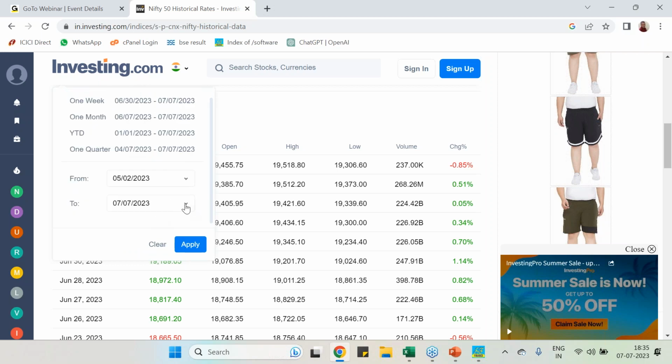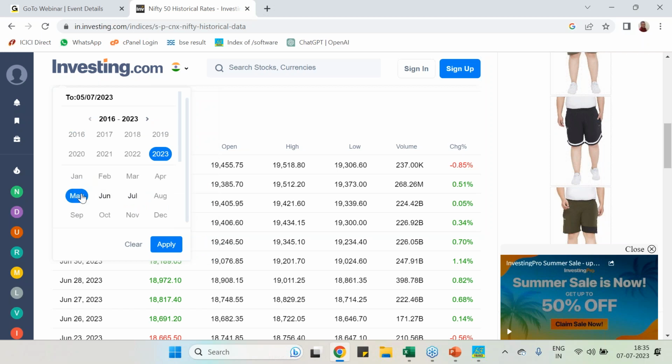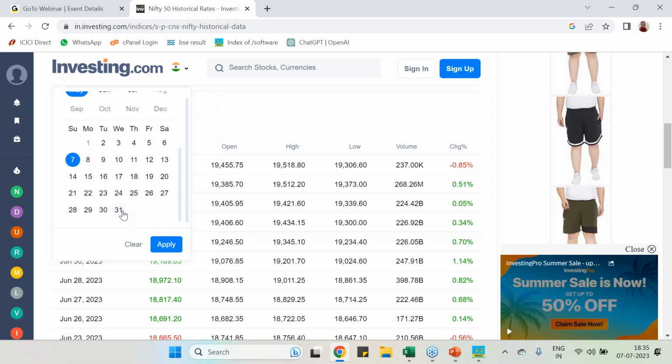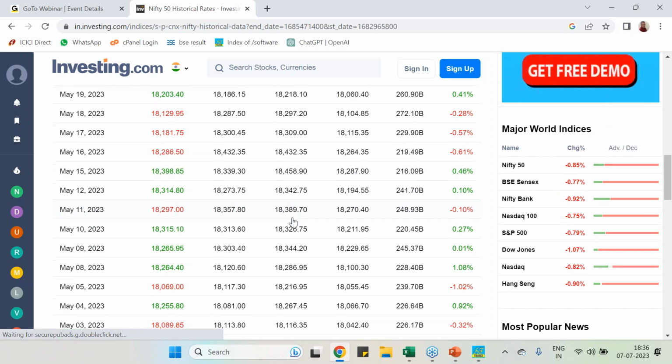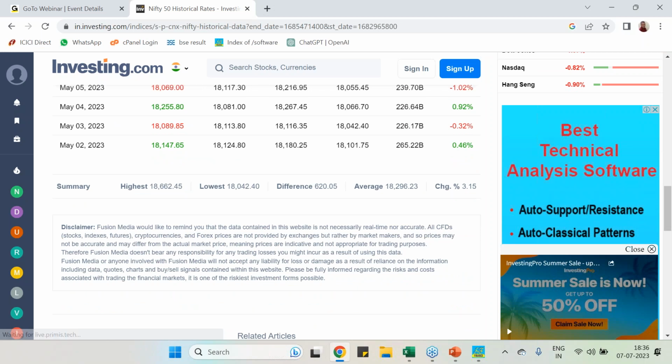So here 2nd May to 30th May, 31st apply. तो देखते हैं month of May में कितने points का differences हुए.